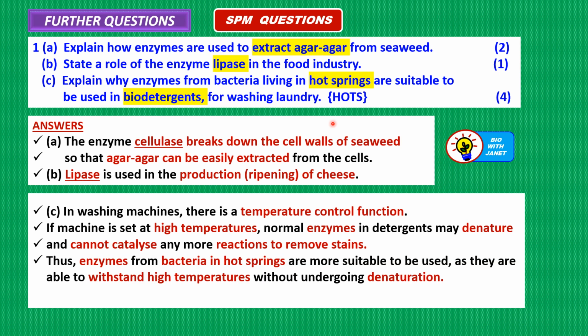Thus, if the enzymes are extracted from bacteria that live in the hot springs, they are able to withstand high temperatures as they come from the bacteria that live in the hot springs. So they will not undergo denaturation when the machine is set at higher temperatures like 60 degrees Celsius. Okay, for example.